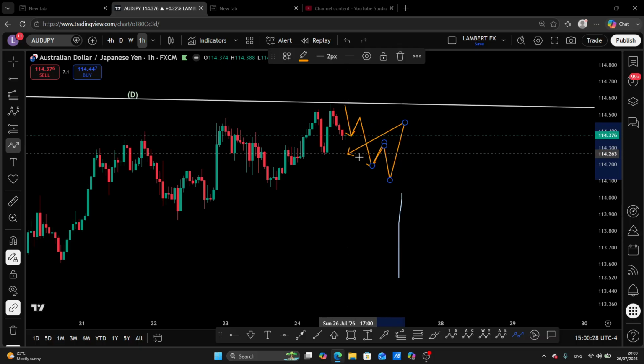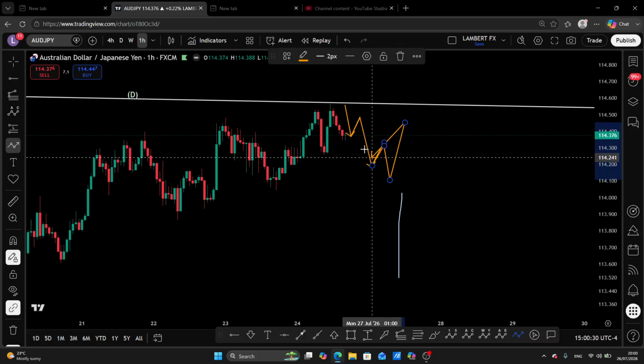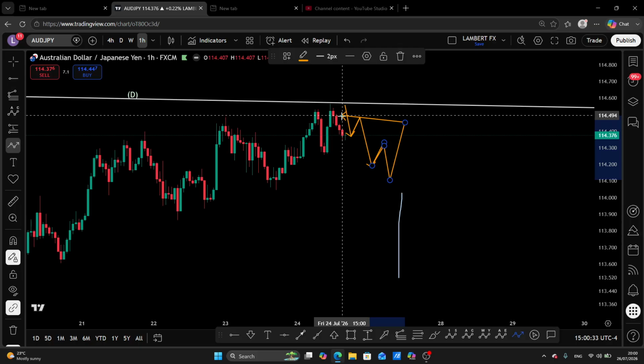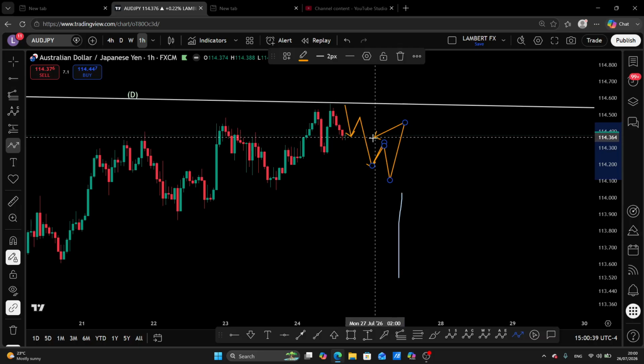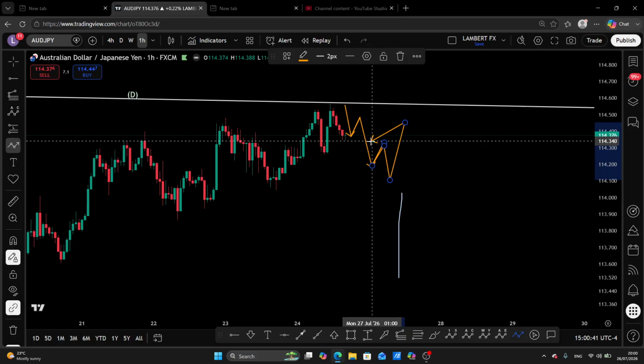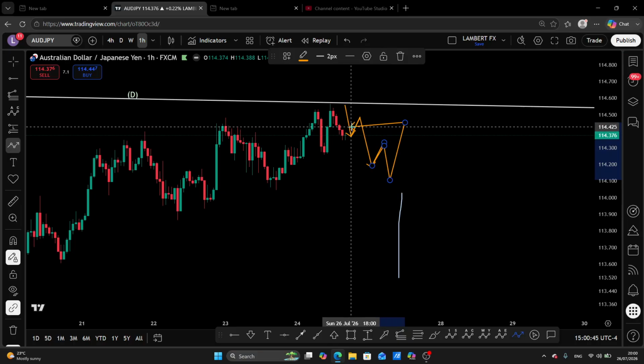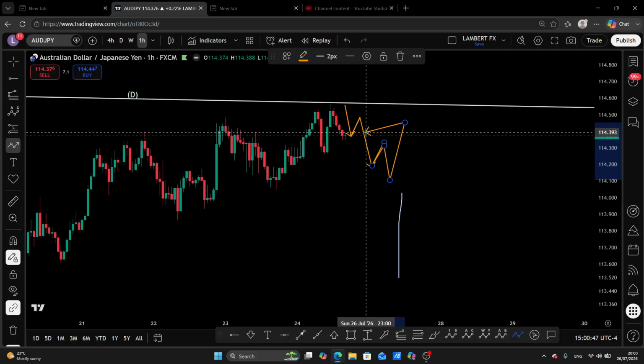A signal to go short, or you can look out for a leading diagonal for wave one, because leading diagonals are popping up everywhere on the charts in the forex markets. So you could look out for a selling signal, an impulsive leg, or a leading diagonal.